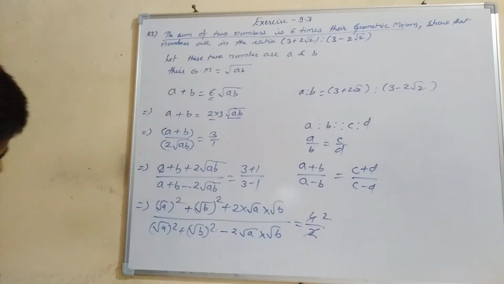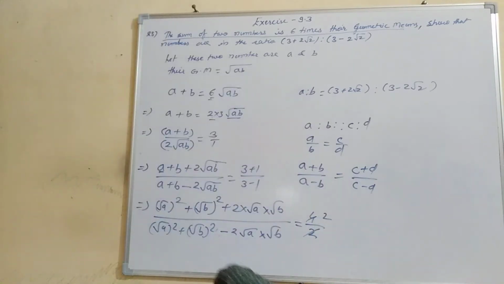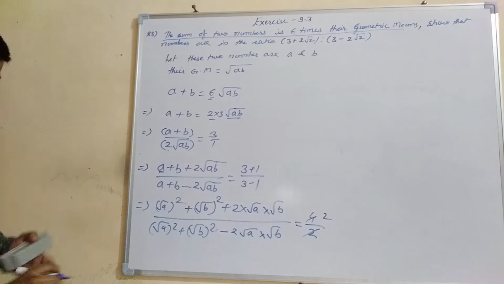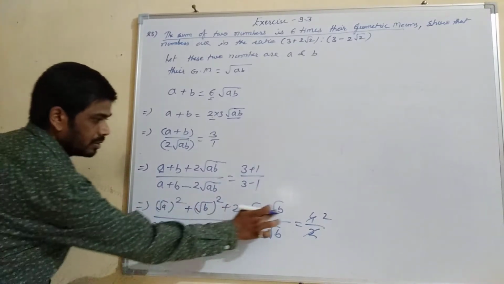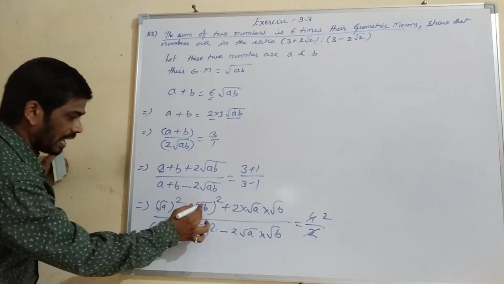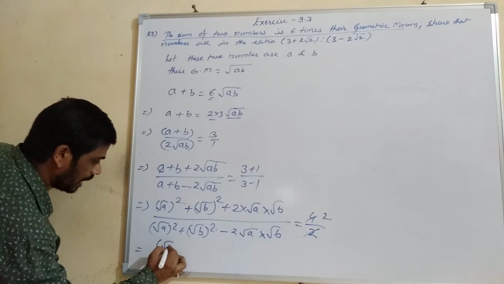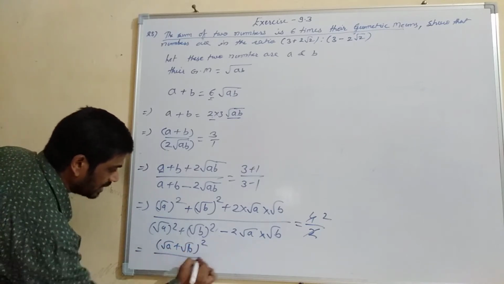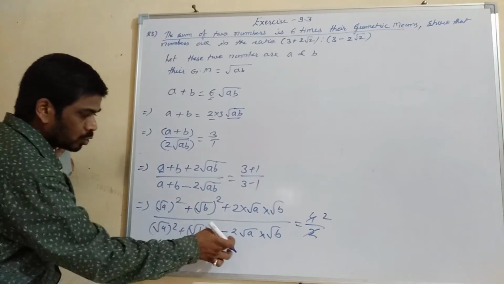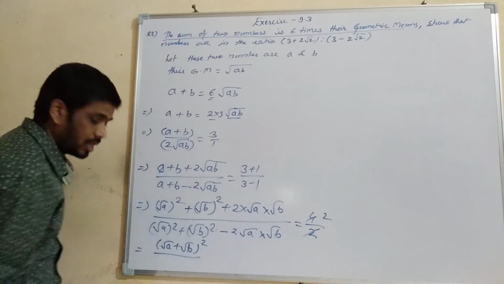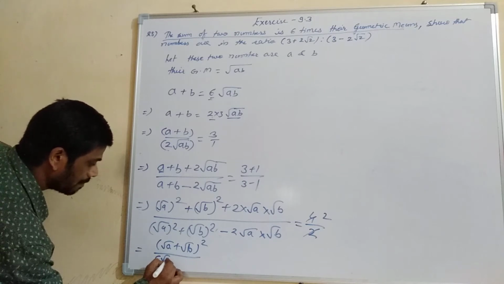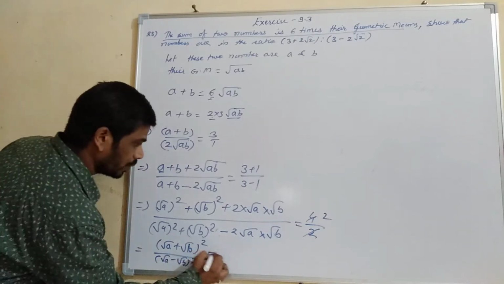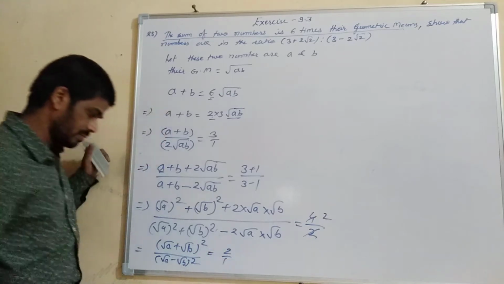Now this will be root a plus root b whole square, and this will be root a minus root b whole square, because of the minus 2 root ab. So we got 2 upon 1.